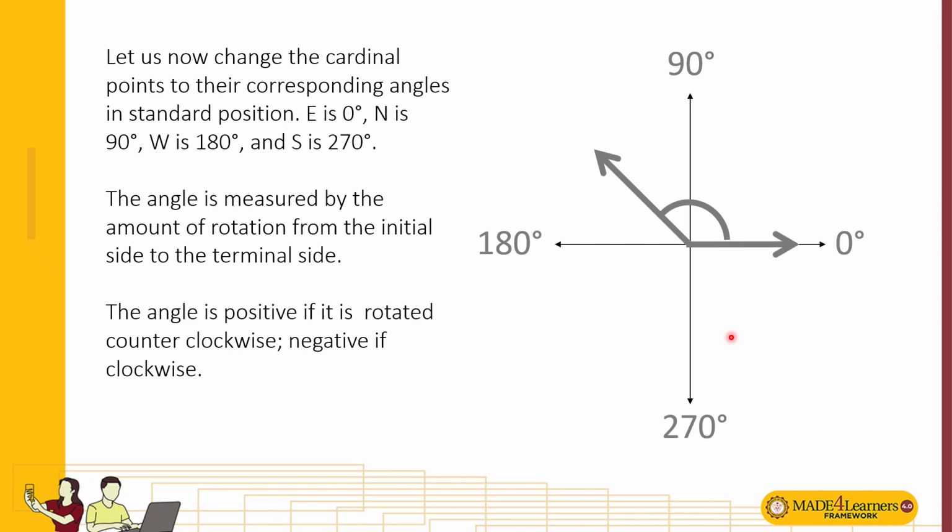The cardinal points earlier are now being transformed into these angular measurements: 0, 90, 180, 270 degrees. If you go in full rotation, that's back to 0 degrees, or the angle is 360 degrees. If the angle is rotated counterclockwise, it's said to be positive. If it's clockwise, then it's negative.